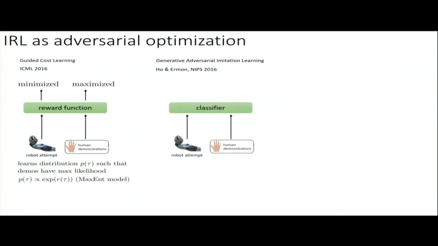What they did is they said, we're going to have samples from our policy, samples from the human. And now, instead of training a reward function, let's just do the standard GAN thing. Let's just train a classifier directly to label these samples as false and these samples as true. And it turns out that you can still do this, and all you have to do is use the log probability of the trajectory being real as your reward function. And you can plug that into your learning algorithm also.